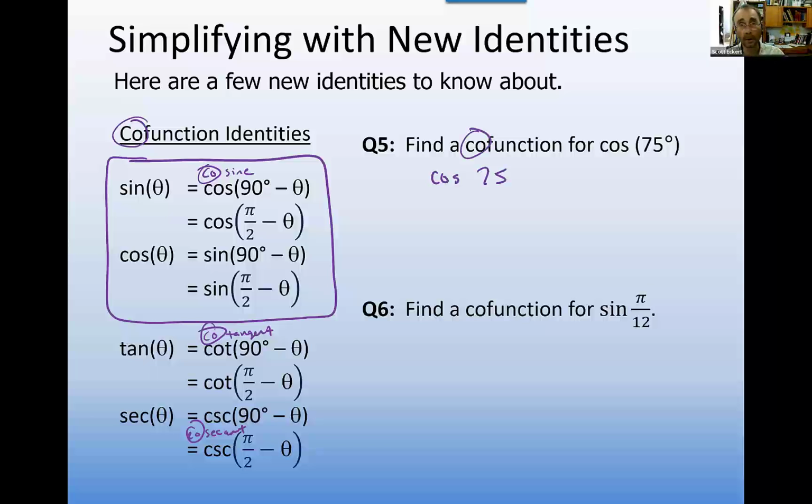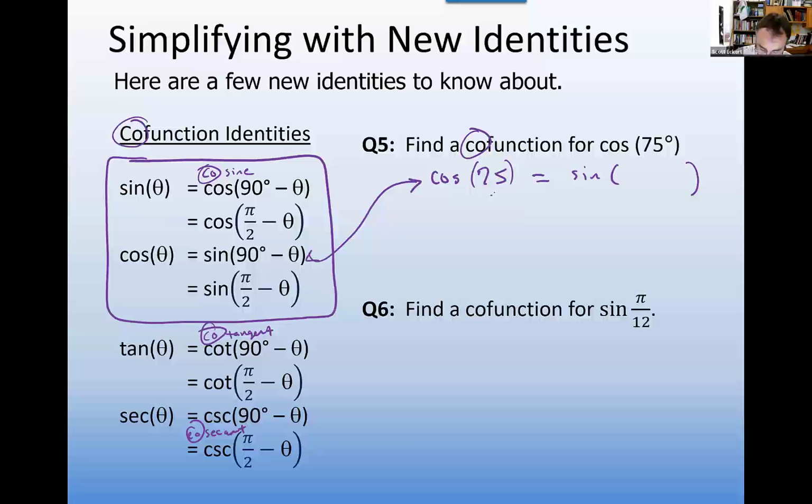Well, what's the partner to cosine? It is sine. So I'm going to make a sine problem here. Well, that equals sine of what? 75.